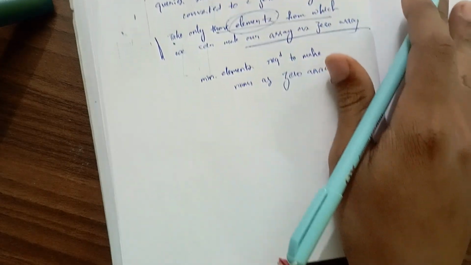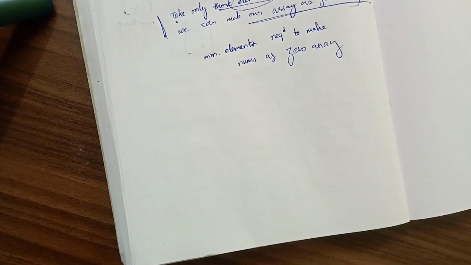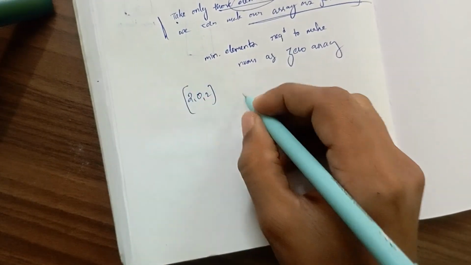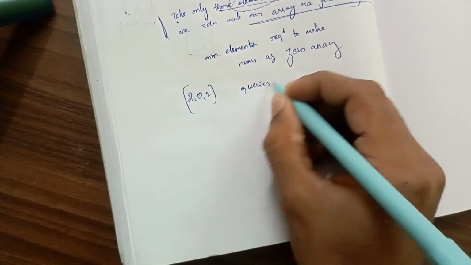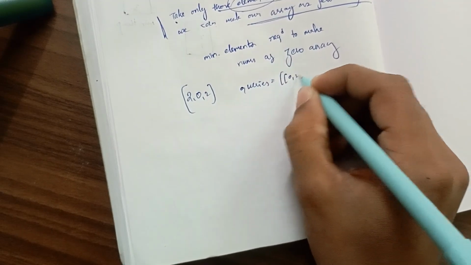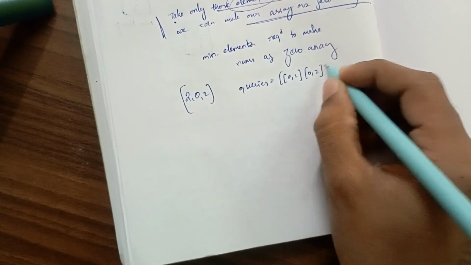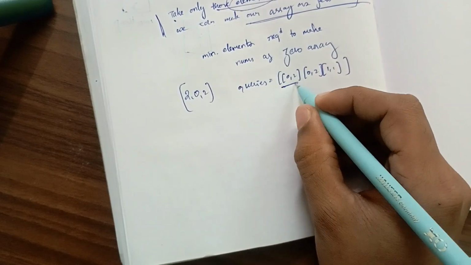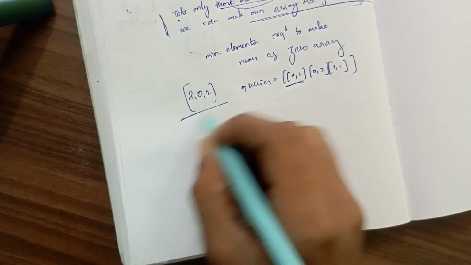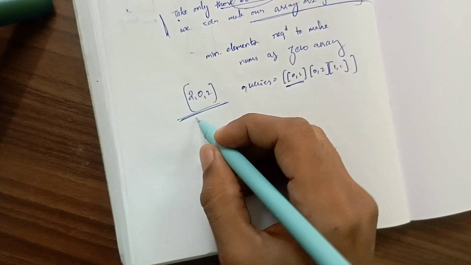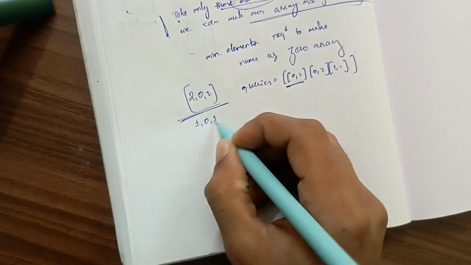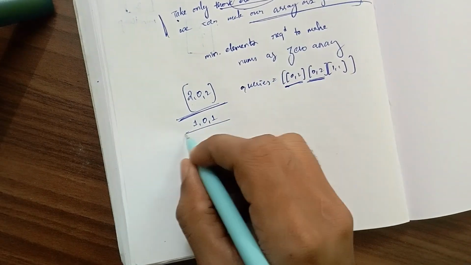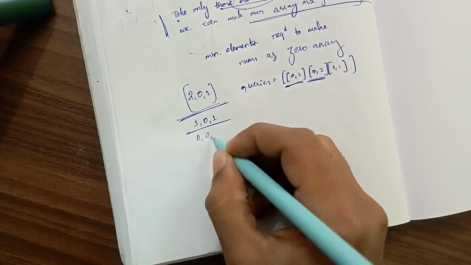Let me check the first example, nums 2 0 2, and the queries given are 0 2, 0 2, 1 1. If you apply the first query to nums, we get 1 0 1. And if you apply the second query to our nums, it becomes 0 0 0.